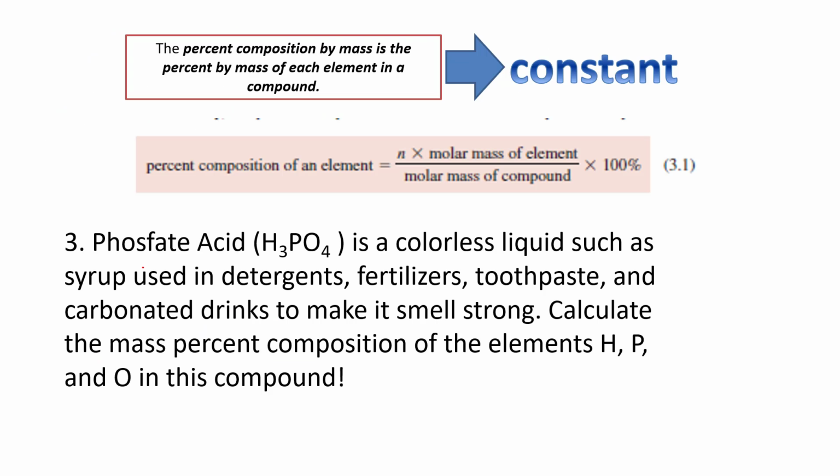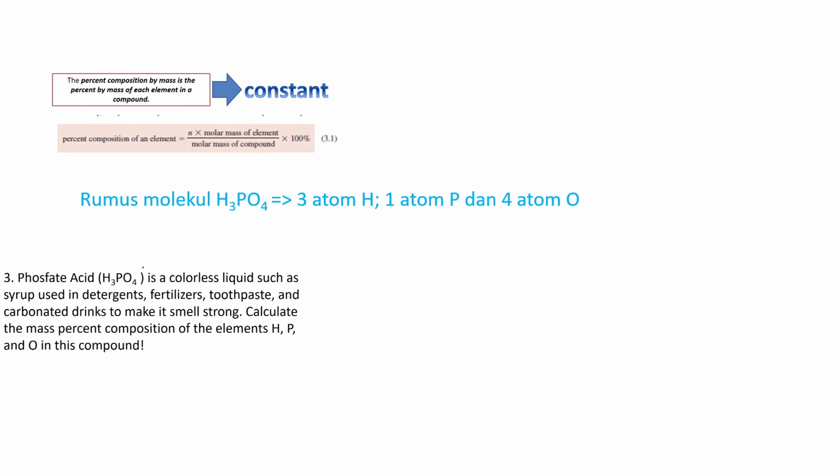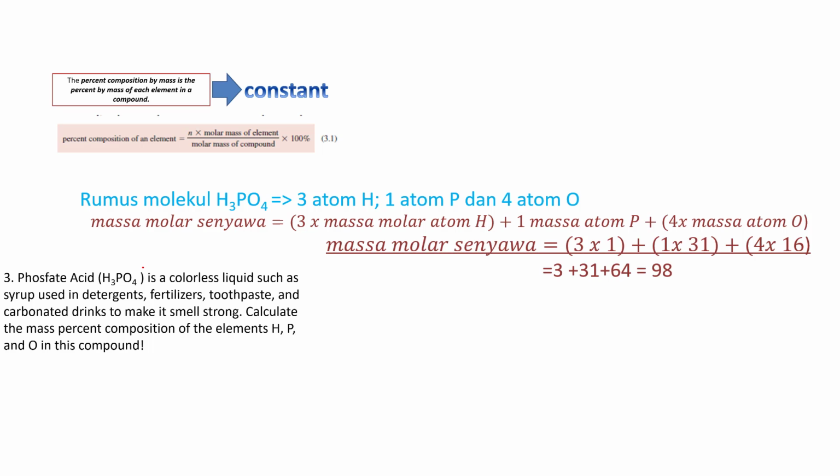In the third exercise, how can we find the percent composition of an element? Phosphoric acid has the chemical formula H3PO4, which means we have 3 hydrogen atoms, 1 phosphorus atom, and 4 oxygen atoms. So first we find the molar mass, which is 98.